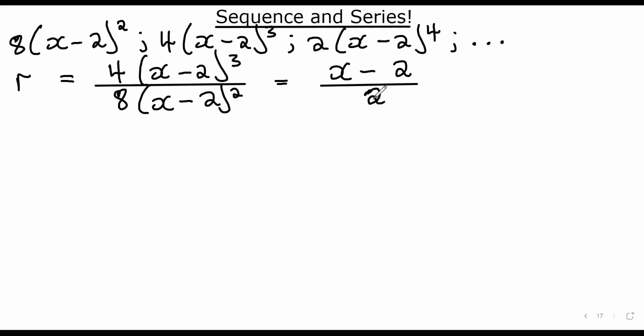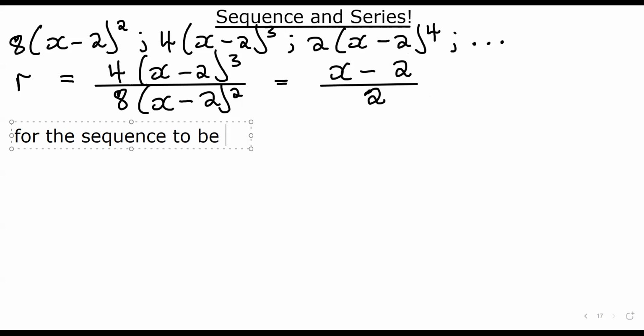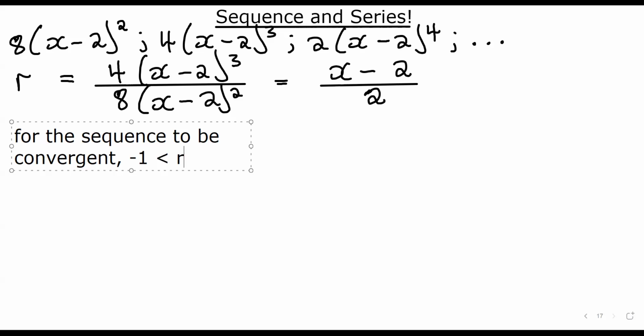Yes, this is what we are saying. This is our constant ratio. But then we need to tell them a little bit of an essay to say, for the sequence to be convergent, what must happen? Well, our constant ratio must be less than 1 but greater than −1.